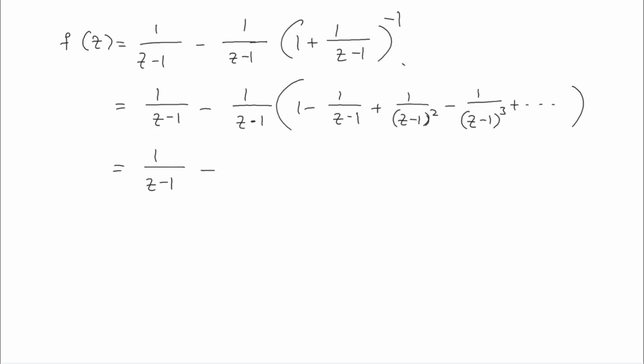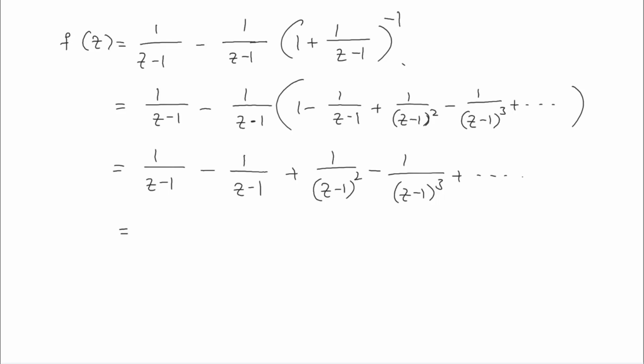When we multiply these two terms, we get the next step as 1 divided by z minus 1 minus 1 divided by z minus 1 plus 1 divided by z minus 1 whole square minus 1 divided by z minus 1 whole cube plus and so on.